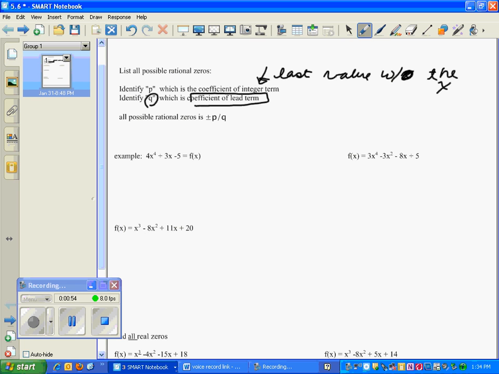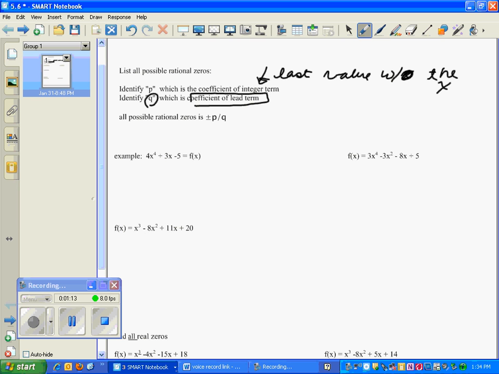And the lead term always has the highest exponent, the first term if you've got them, and if your exponents are in descending form. And we don't worry about whether or not they're positive or negative. We're going to assume that we're looking at both positive and negative values.